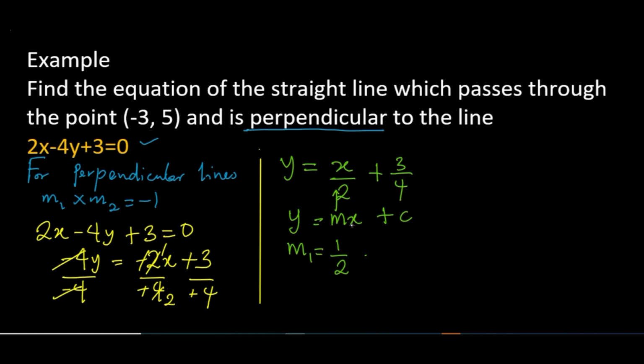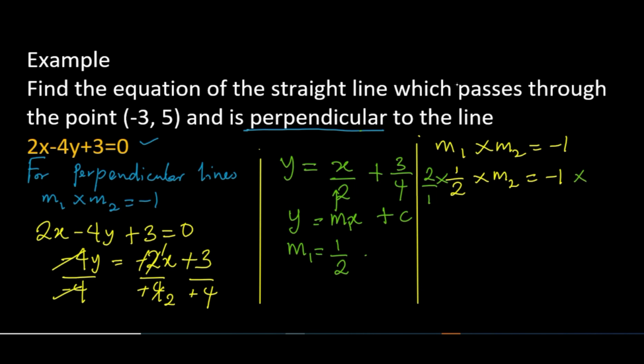And for two perpendicular lines, if the m1 is equal to 1 over 2, we should know that the line that is perpendicular to this, they will have this relationship with the gradient. So we'll try to get the m2 now. Okay, times m2 is equal to minus 1. So the m2 now, we multiply this one by 2.